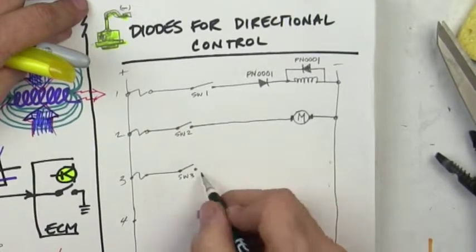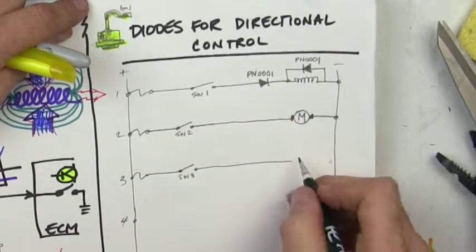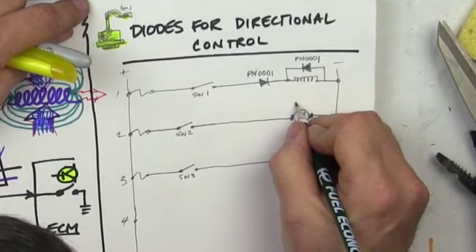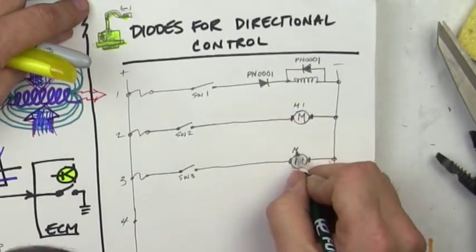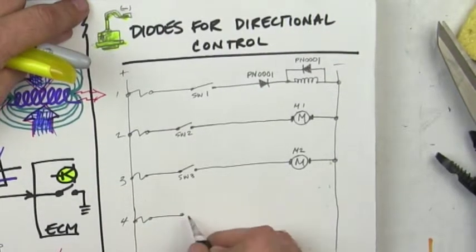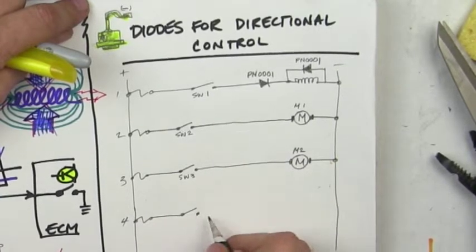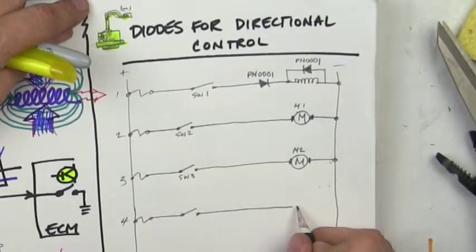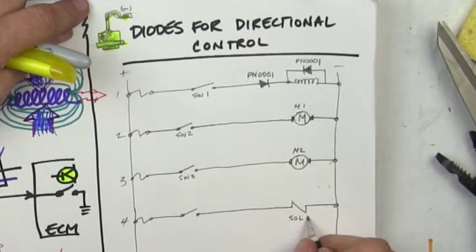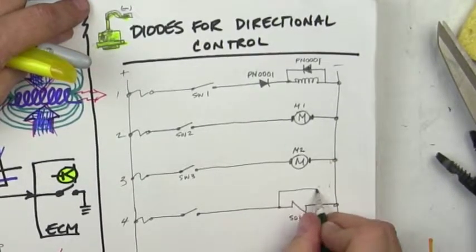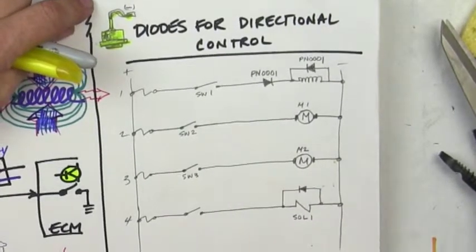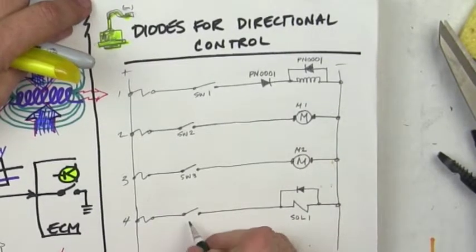We'll call that switch 3, and let's say that turns on a second motor, and let's call this motor 1, M1 and M2, and then let's turn on another switch which turns on a solenoid, and we'll use this symbol for the solenoid this time, and we'll call that SOL1, and there would be a diode across it, probably like this. Okay, switch 4, I guess.